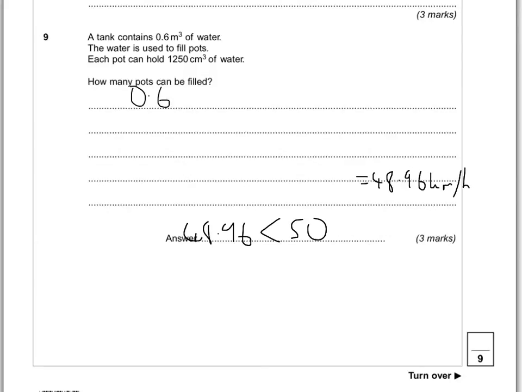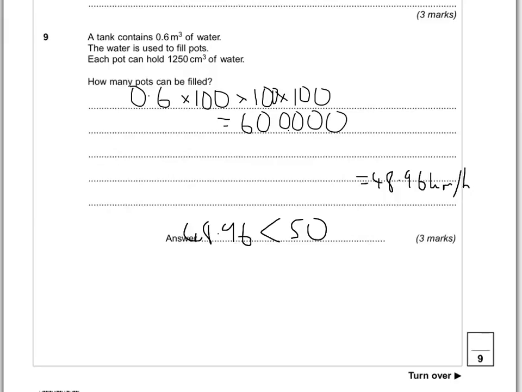So let's change 0.6 metres cubed into centimetres cubed. The conversion factor to change metres into centimetres is 100, but I'm dealing with metres cubed and centimetres cubed, so I'm going to be multiplying by 100 three times. 0.6 times 100 gives me 60, and then I've got these other hundreds, so I actually have 600,000.